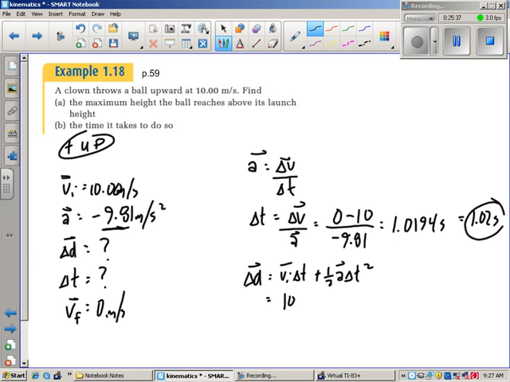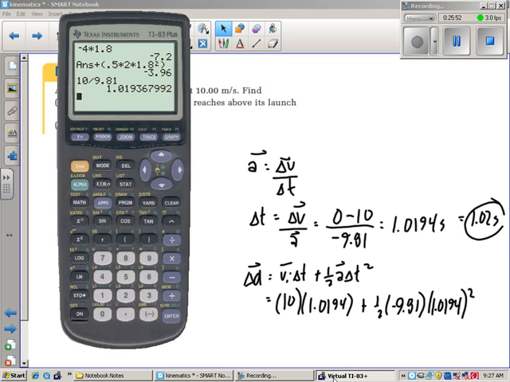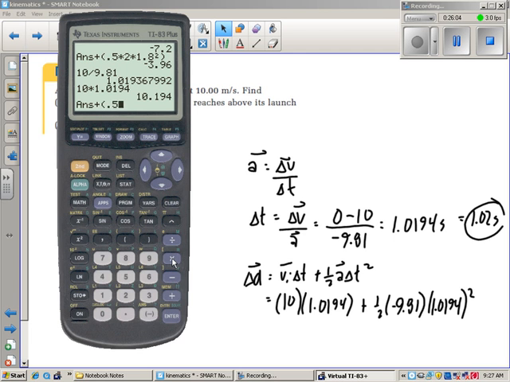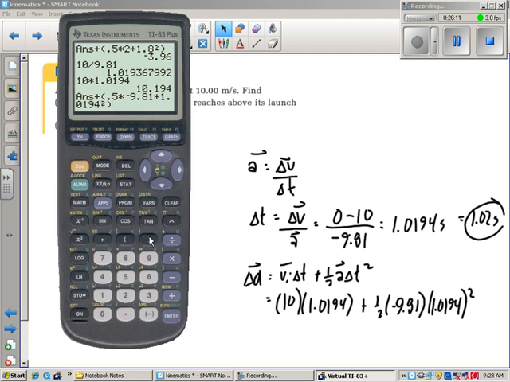VI is 10. Delta T is, we just found it, I guess, 1.0194. Okay, let's solve that. Let's say 10 times 1.0194. Let's press equals. And then let's add to that, inside some brackets, 0.5 times negative 9.81 times 1.0194 squared.